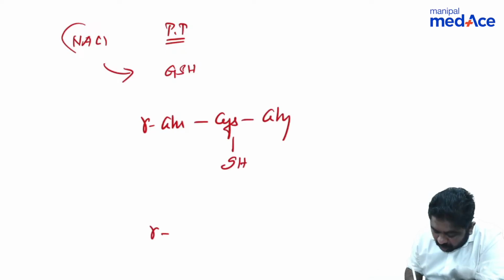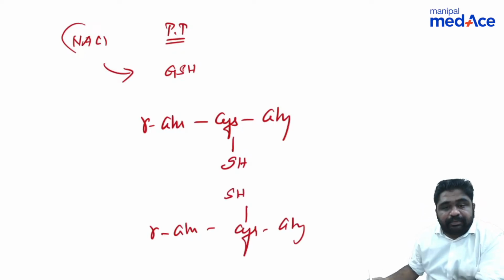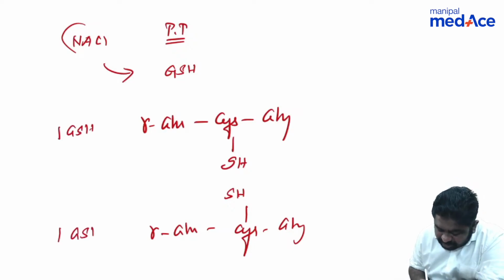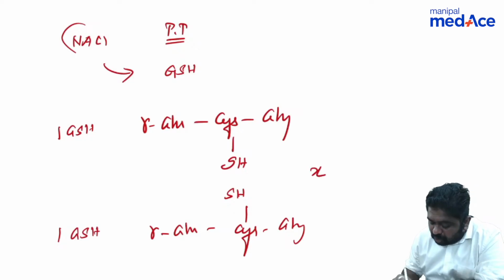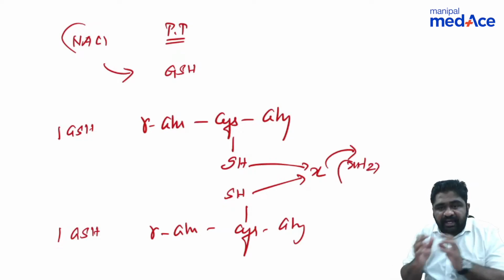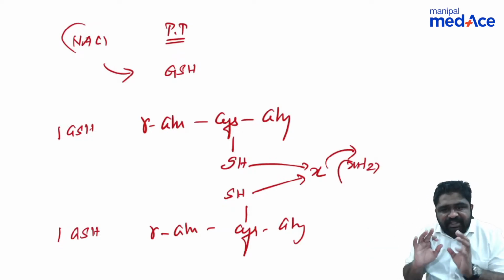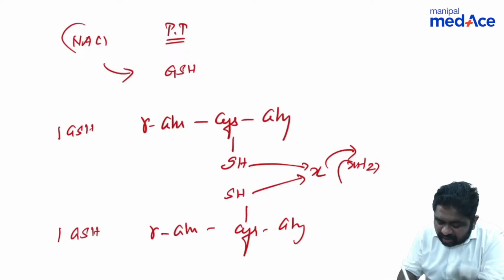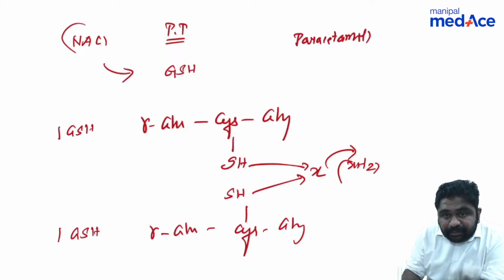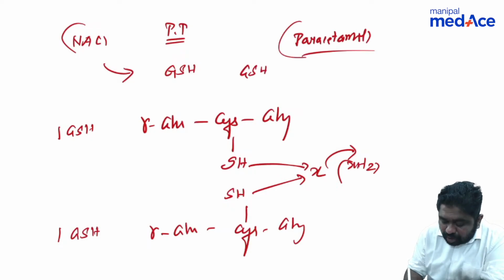I can draw one more compound like this, with another free sulfhydryl group. Now this is one molecule of GSH and this is another molecule of GSH. When both come together, the H goes to X, and X is said to be reduced to become XH2. This excess amount of paracetamol requires a special reducing agent called glutathione.